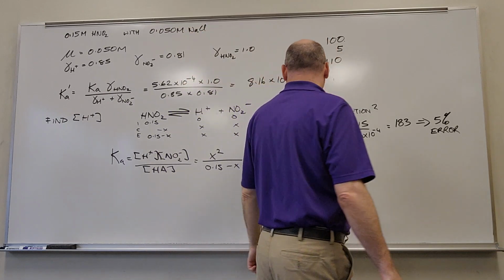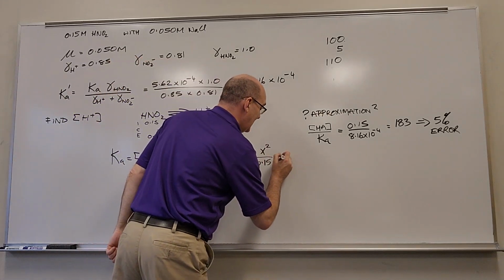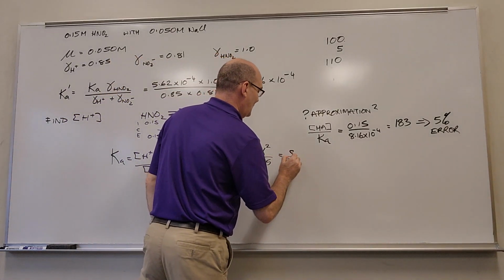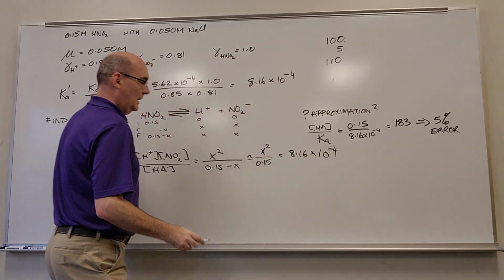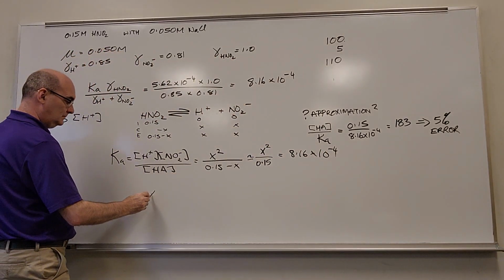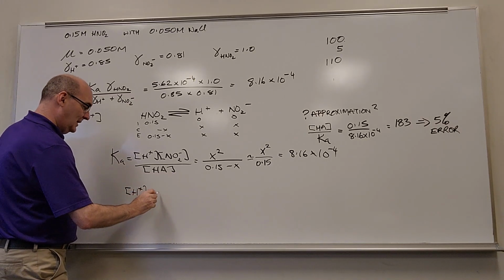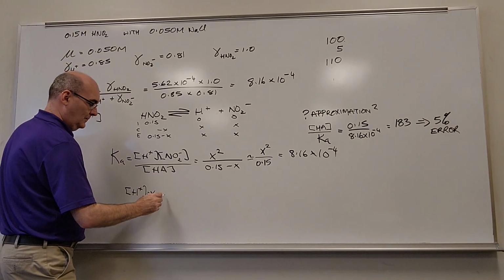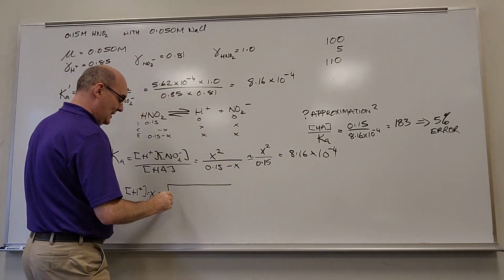So I'm going to let this stand, and Ka will be equal to 8.16 times 10 to the negative 4. All right, x is representative of H plus, and it is equal to the square root, because x squared is this number multiplied by that number.